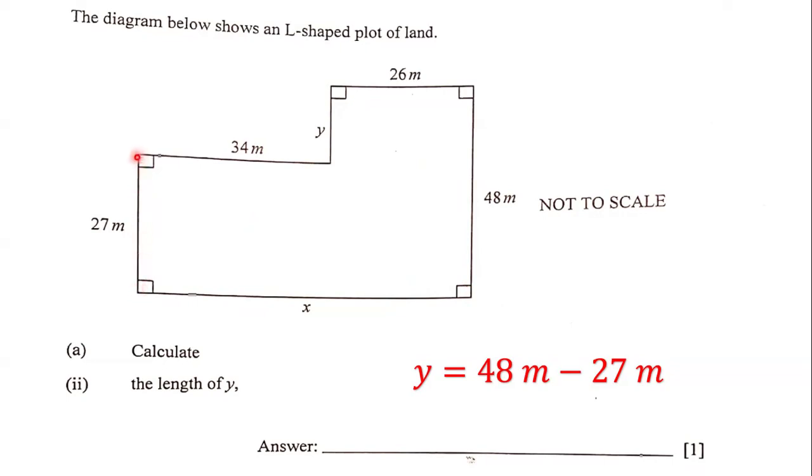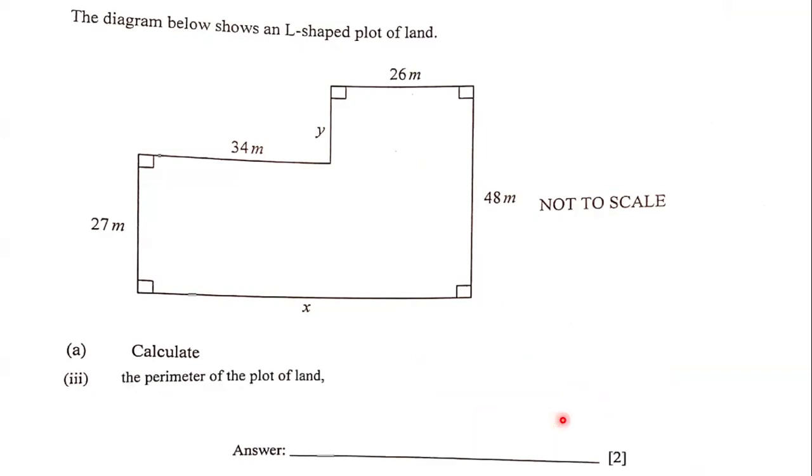So if we shave off this portion, from about here to here, that's 27 meters, then we're going to be left with y. And so that means that y is equal to 48 meters minus 27, which is 21 meters. So y is equal to 21 meters.